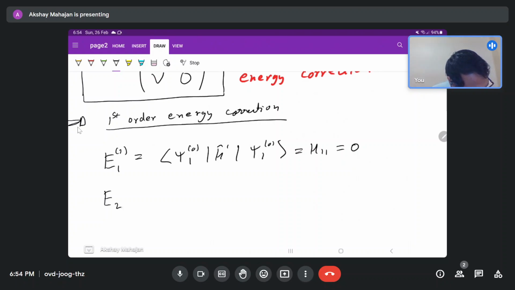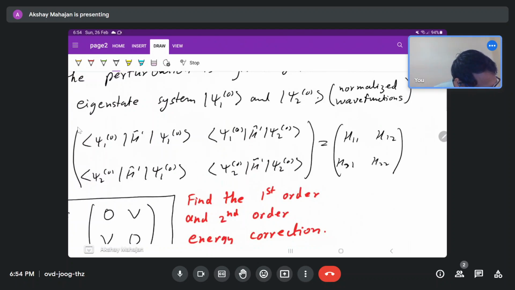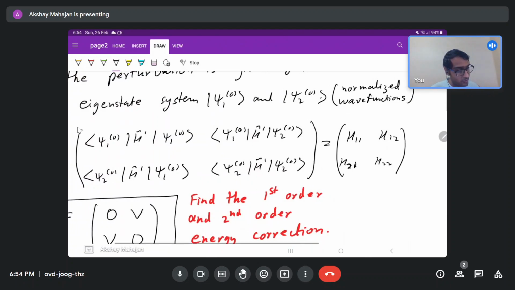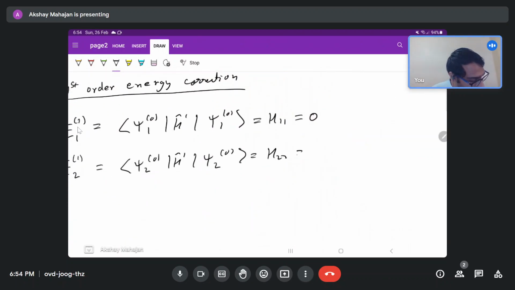Similarly, for the correction to this second state, H cap prime psi 2 of the 0th order again. So this is coming as our H22. So I have taken a very simple matrix. Mainly we just have to determine this matrix element, and here the matrix element is given as 0.